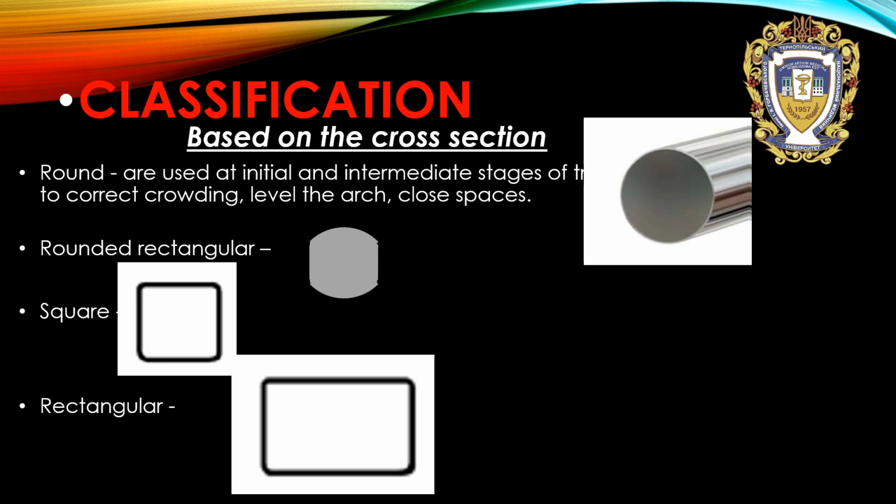Based on cross section, round archwires like this one are used at the initial and intermediate stages of treatment to correct crowding, level the arch, and close spaces. Then square or rectangular.